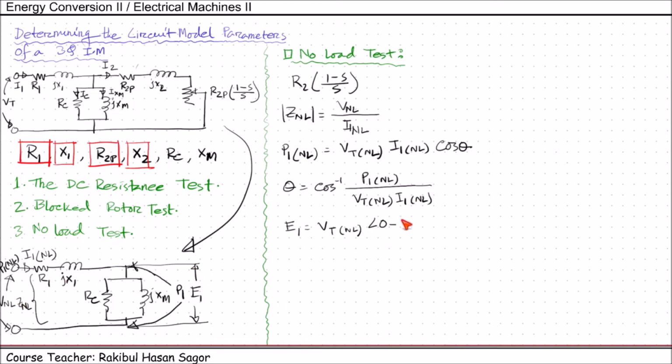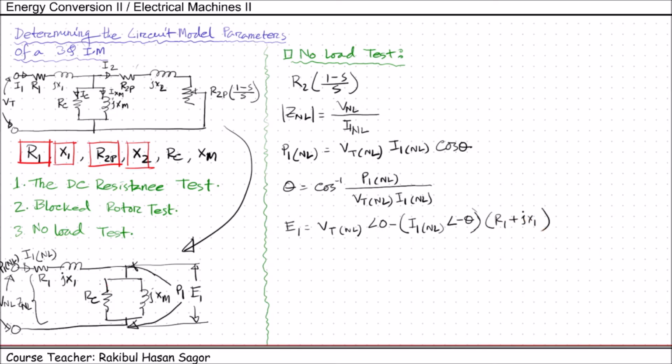I can write that voltage drop as I1 under no load condition, at angle minus theta, as this is the power factor angle and definitely it will be lagging as we have inductive load here, multiplied with this impedance, R1 plus JX1.